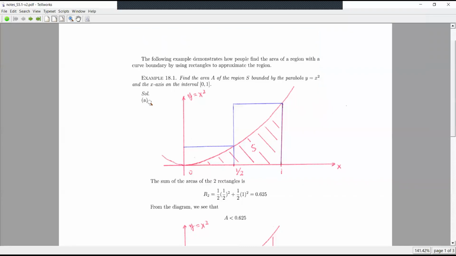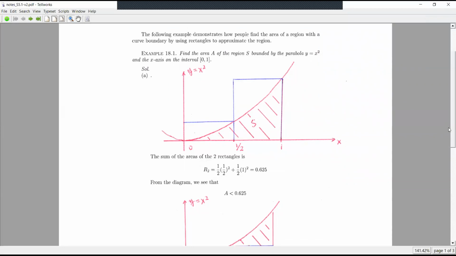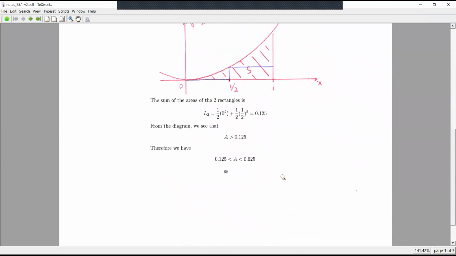In step 1, I use only two rectangles to approximate the region S. And I got the area of the region is less than this number and greater than this number.